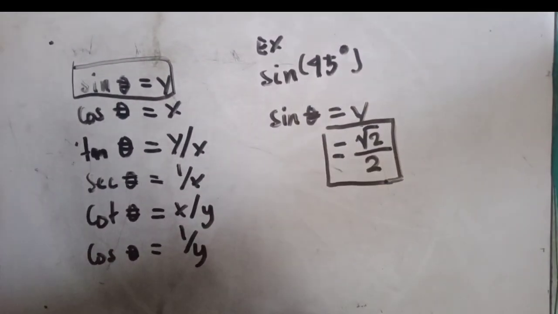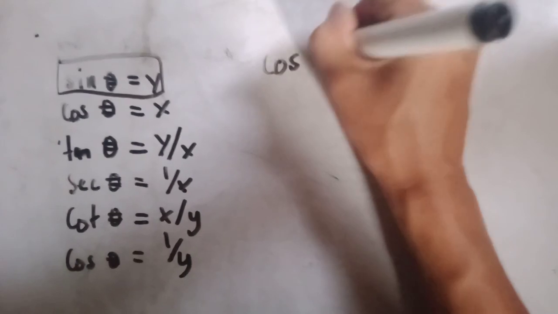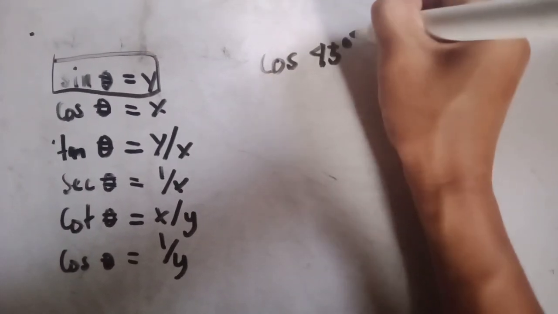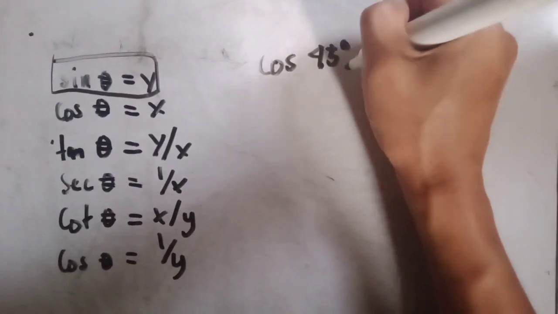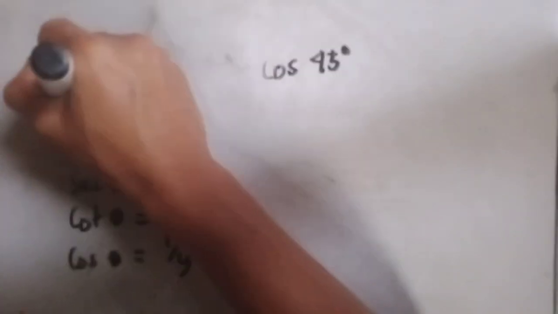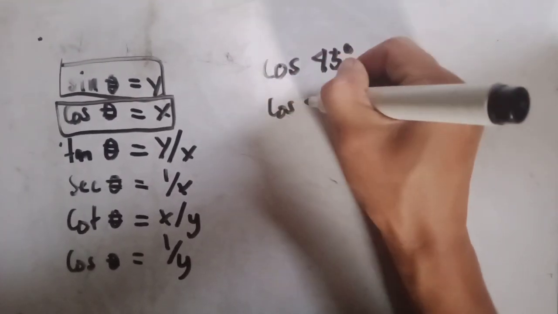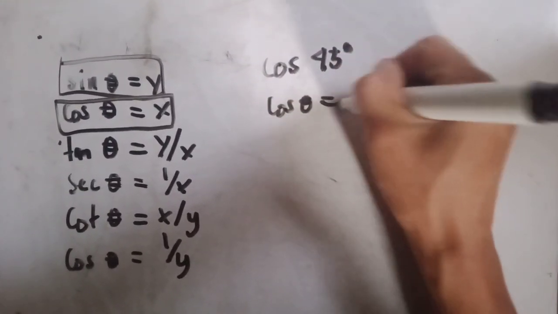Then next we will try this one. We'll try to find the cosine of 45 degrees. So in order to find the cosine of 45 degrees, we will use this one. So the cosine theta is equal to x.